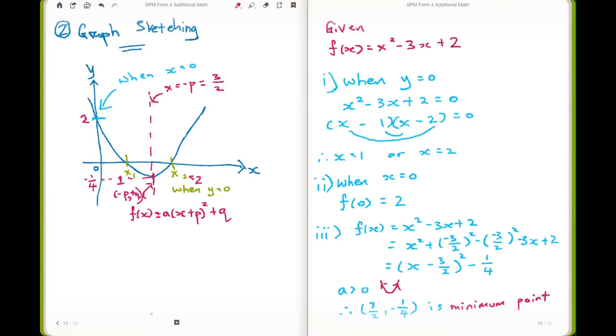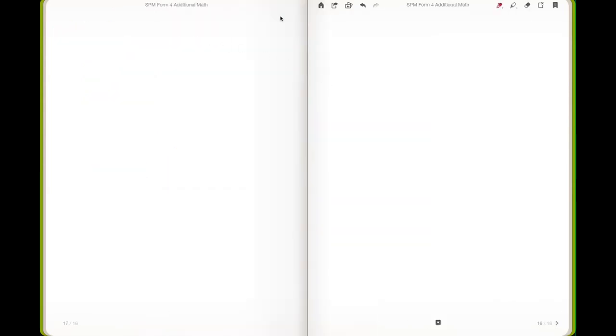Now, last part for this chapter will be inequalities. Now, inequalities, I will learn by example. This part is very much related to the previous chapter.